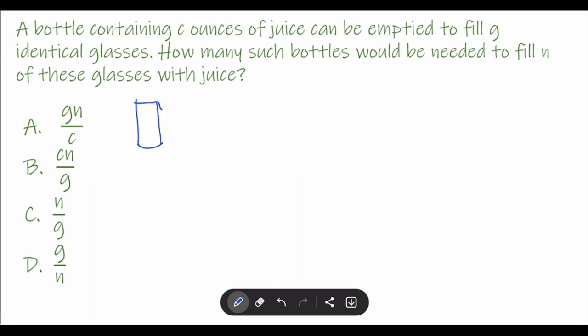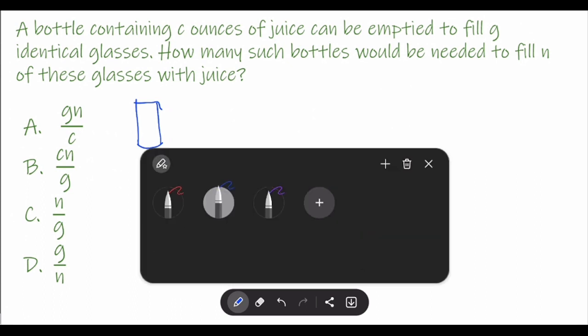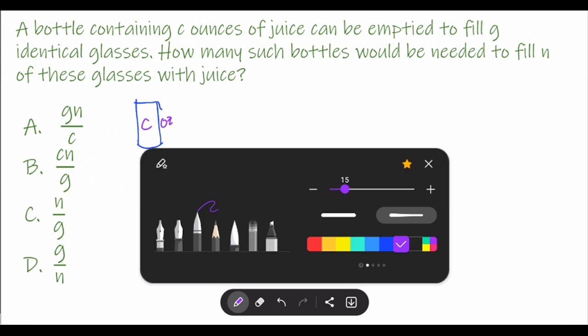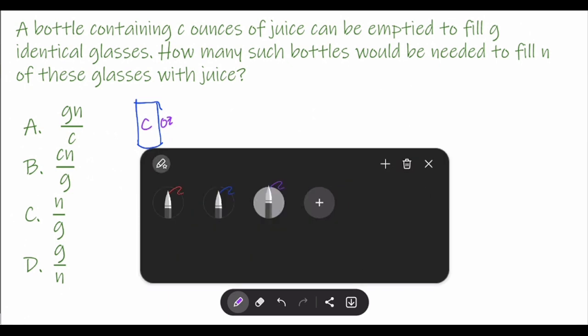And then it has C ounces. So I'm going to label it as C ounces. And then if you're going to pour it in the glass where there are G number of identical glasses, it will be exactly empty. So we don't know how many glasses because it's just G number of glasses, G identical glasses.